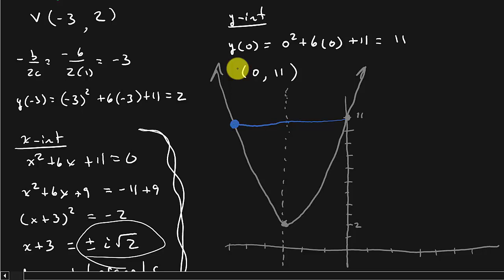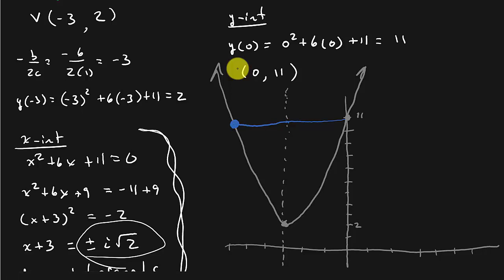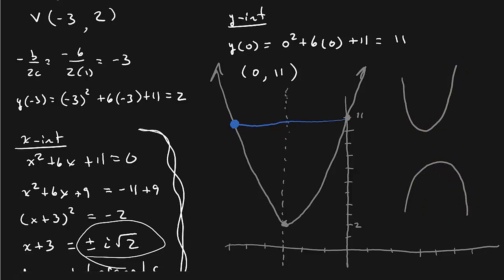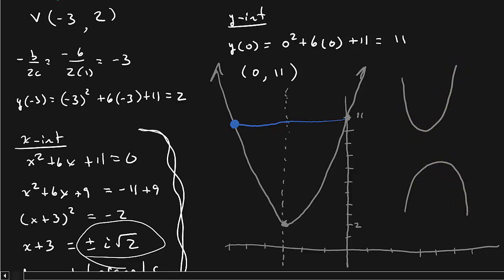Okay. Now, one thing that you've got to be careful with, I see students do this all the time when they draw their parabola. Notice how I've been drawing the parabolas like this. I see some students draw these parabolas like this or like this. That is not a quadratic. That's not the graph of a parabola.